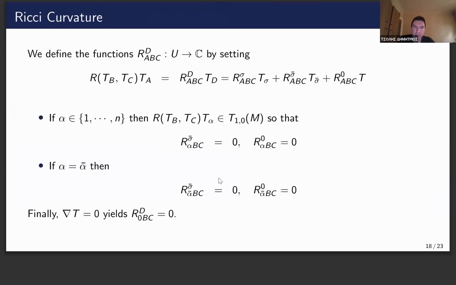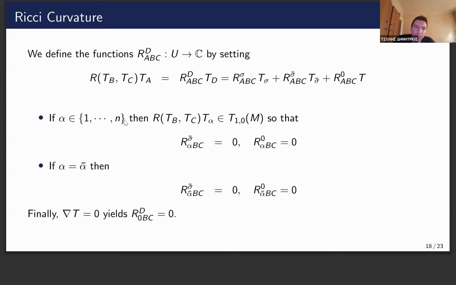Okay. Now let's talk a little bit about Ricci curvature. Just some definitions. I won't prove a major result here. So let's define those functions R of A, B, C, D, from this open set to the complex plane, and we define it using this. So this is the definition. You use this index notation here.